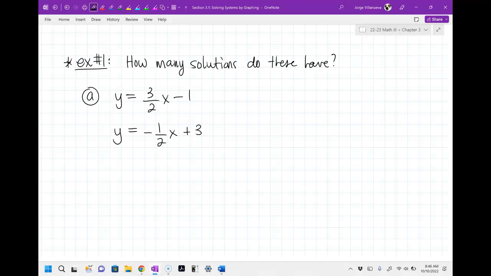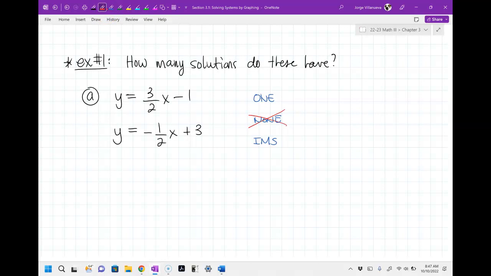The top equation has a slope of 3 over 2. The bottom equation has a slope of negative 1 over 2. So that means these cannot be parallel. So let me put 1, none, or IMS. Since they're not parallel, it's not none.